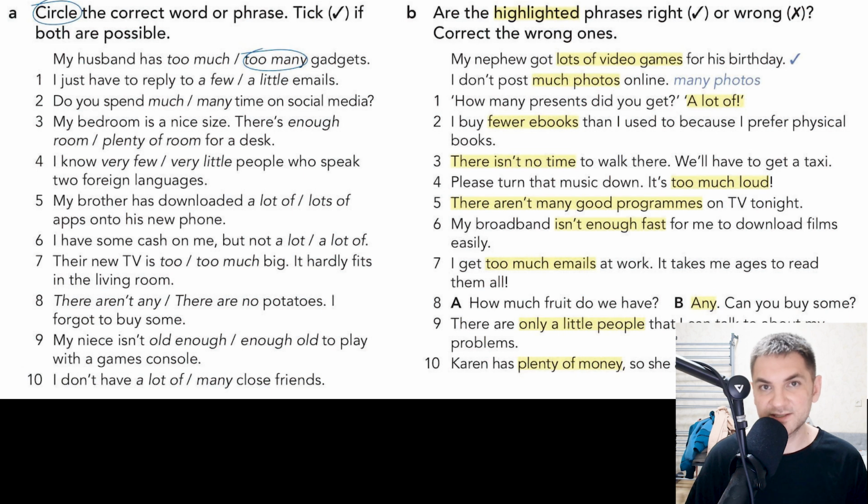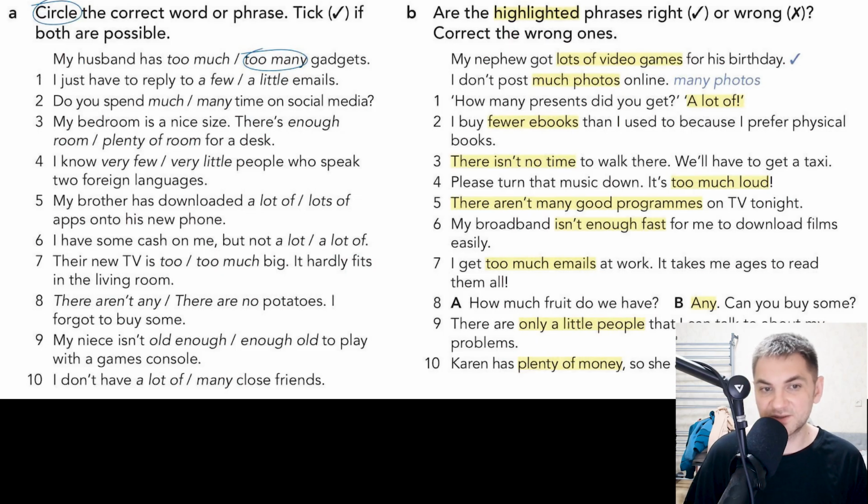And speaking of the exercise B, find and correct the mistakes. For this activity, you will see 10 sentences. Some of them are correct, some of them have grammar mistakes. Your job is, if the sentence is correct, just say it or put a tick. If the sentence is wrong, put a cross and write the correct version. Look at the example. My nephew got lots of video games for his birthday. This sentence is correct, so it has a tick.